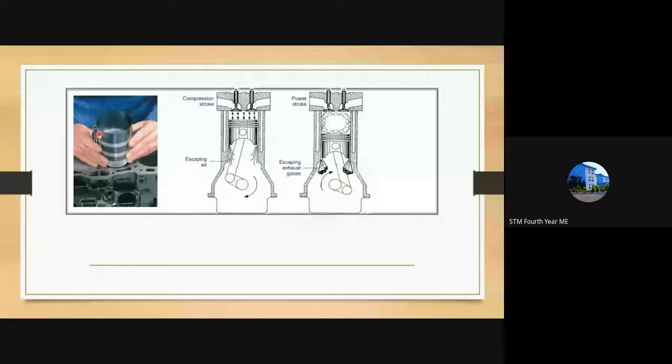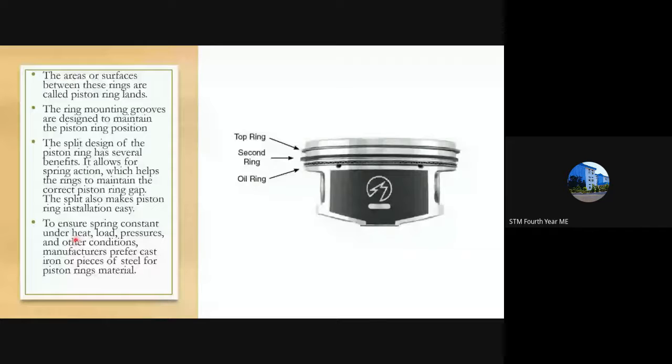To ensure spring constant under heat, load, pressures, and other conditions, the manufacturers prefer cast iron or pieces of steel for piston ring material. So cast iron or pieces of steel are used for the piston ring to ensure that it does not melt under heat or break under load or pressure.